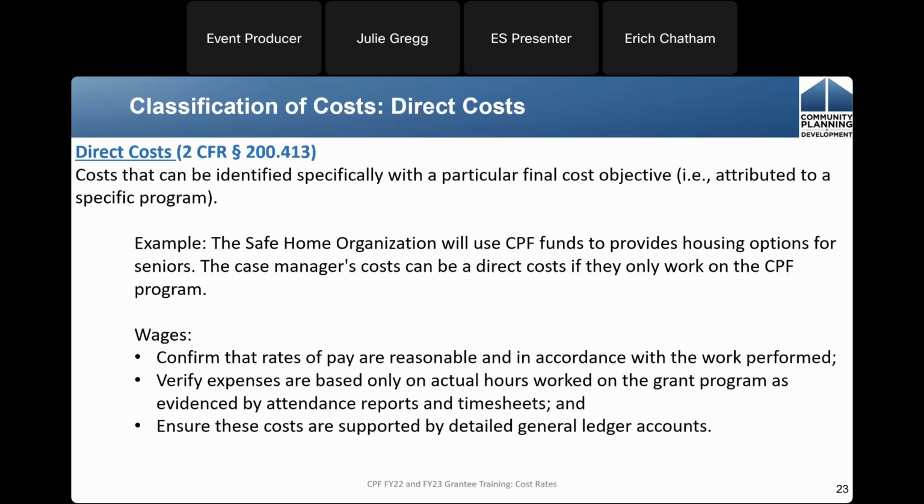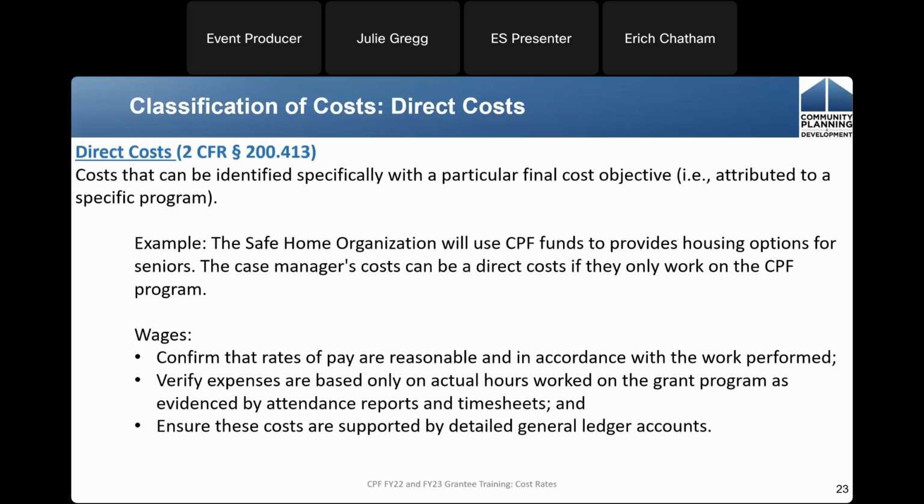So an example, and we'll use this organization a couple times today: the Safe Home organization will use CPF funds to provide housing options for seniors. The case manager's costs can be direct cost if they only work on the CPF grant. And how you determine that they've only worked on the CPF grant: wages are considered direct cost if you can meet these criteria here.